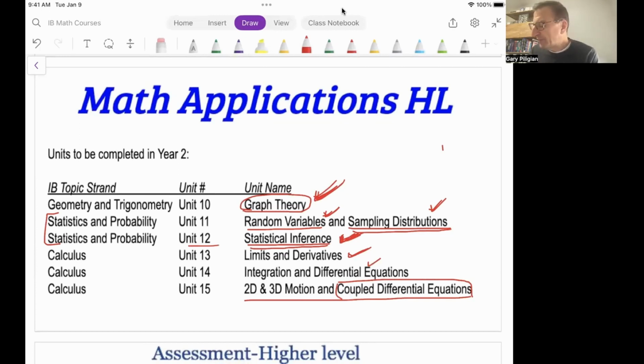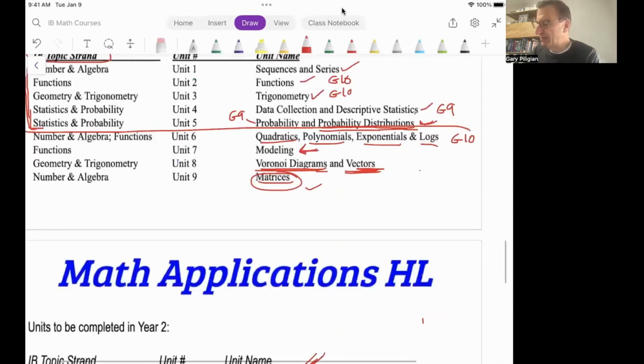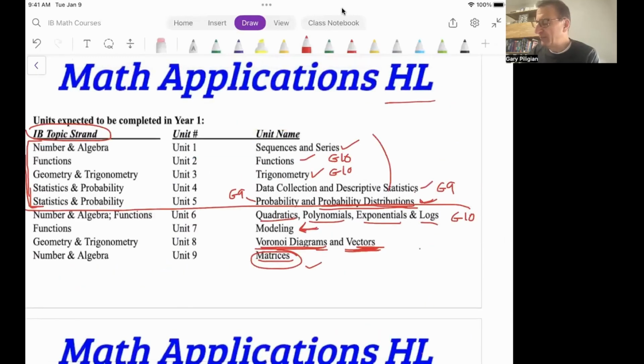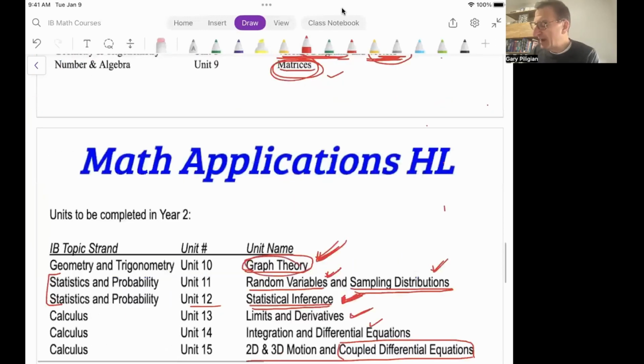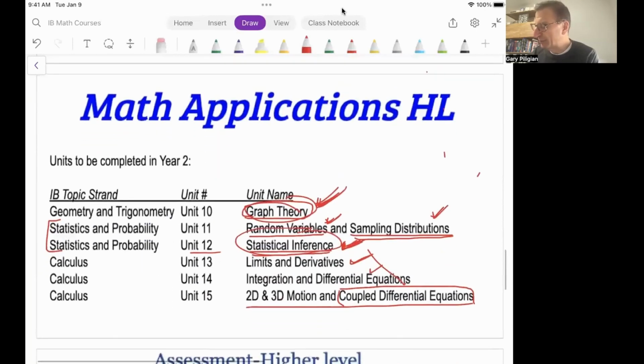And for those of you who think that this is the quote easy HL, I want to disabuse you of that notion. It may appear easy because it has a gentler glide path than the analysis course does. But vectors, modeling, matrices, graph theory, inference, differential calculus, integral calculus, coupled differential equations, those are all pretty heavy duty concepts, right?